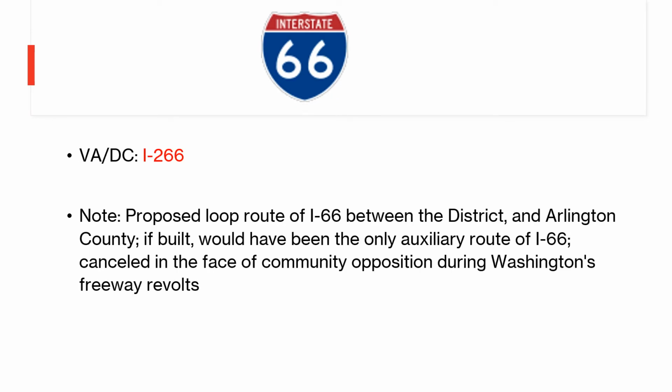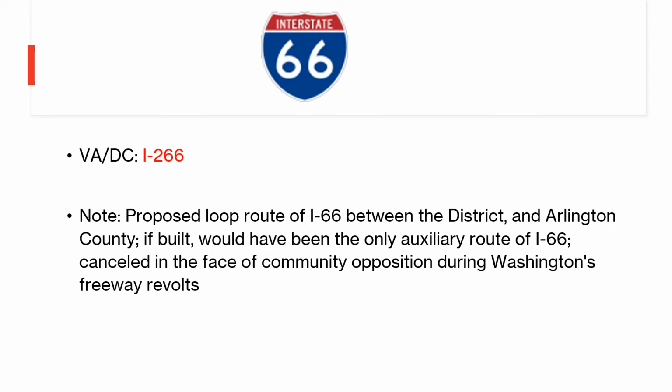I-66, and we have I-266, and there's a special note about this one. It was a proposed loop route of I-66 between the District and Arlington County, and if built, it would have been the only three-digit route of I-66.